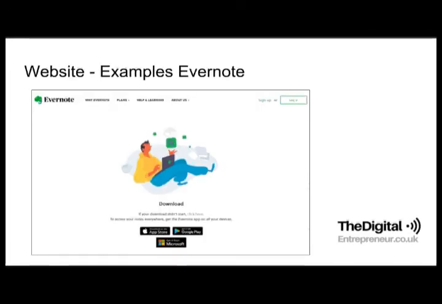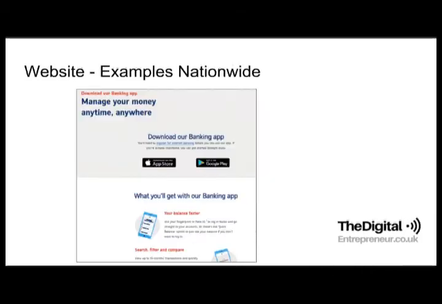The first example is the ever popular Evernote, and as you can see on the bottom there, you can see the logos of three different app stores, the iOS App Store, the Google Play Store, and the Microsoft Store. If the user would click on one of those icons, it would take them to the relevant app store to download the app.